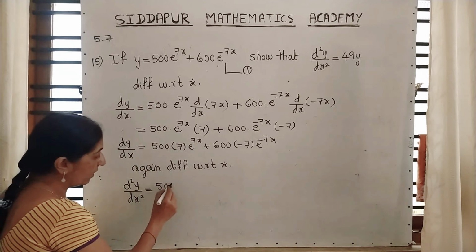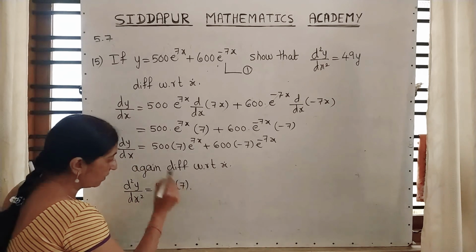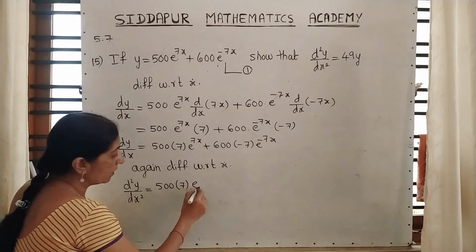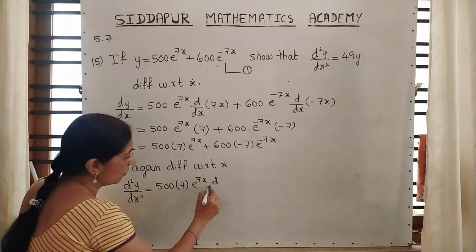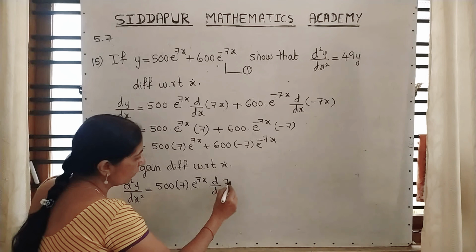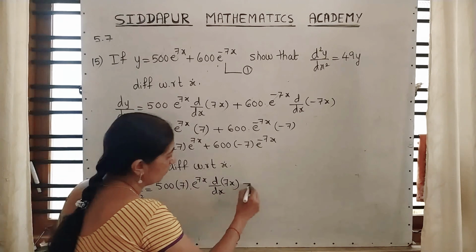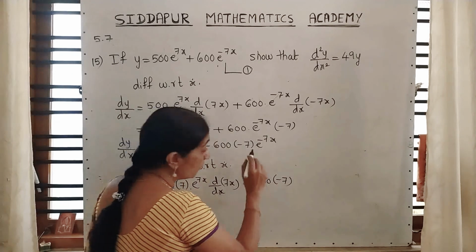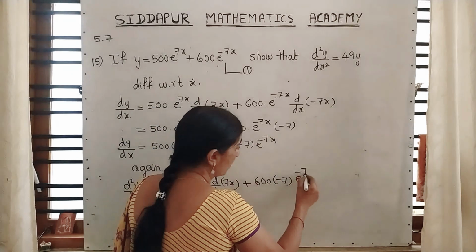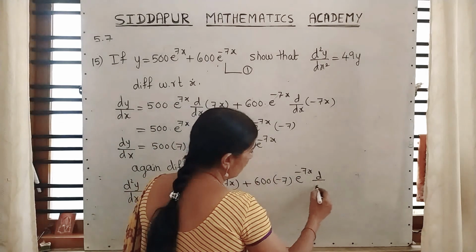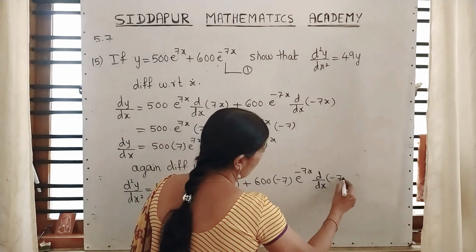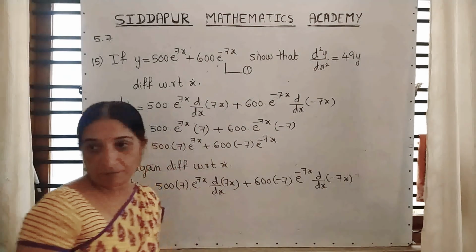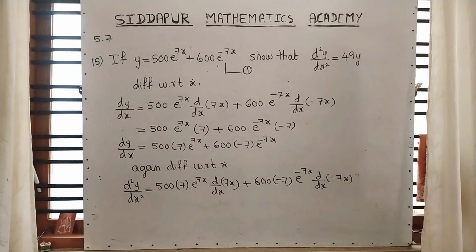Keep 500 into 7 as it is. Differentiation of e raised to 7x is e raised to 7x into differentiation of 7x, plus 600 into minus 7 as it is. Differentiation of e raised to minus 7x is e raised to minus 7x into differentiation of minus 7x.